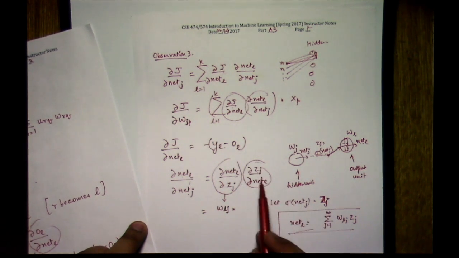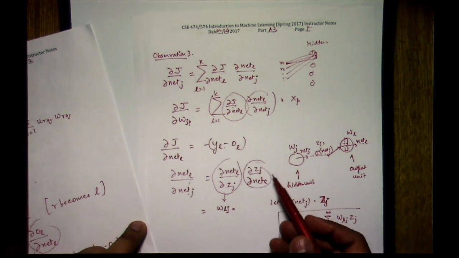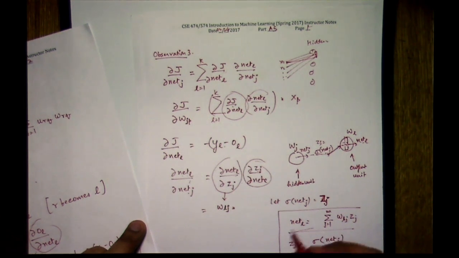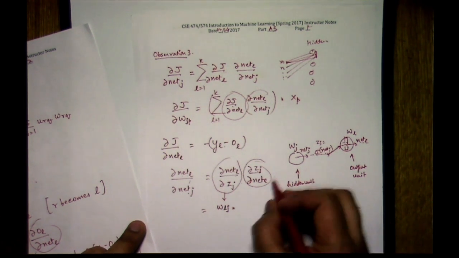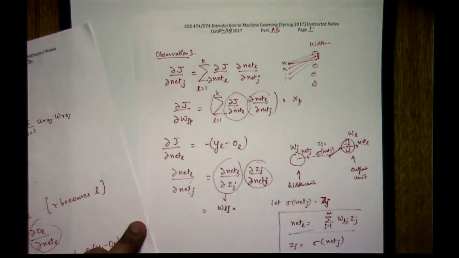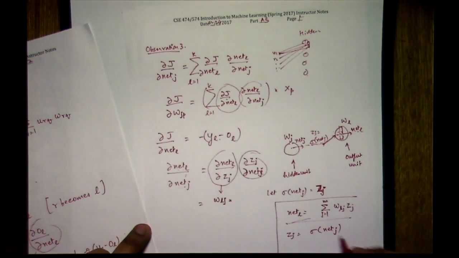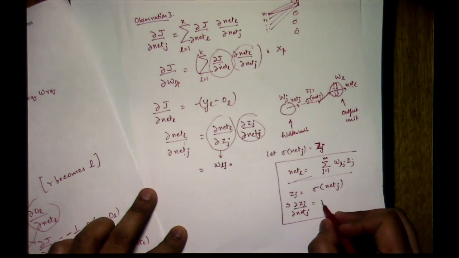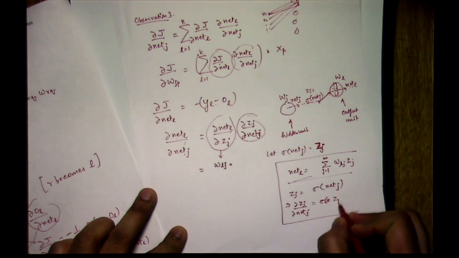This is because zj is nothing but sigmoid of net of j, and last time we saw the partial derivative of that. Sorry, this is going to be j. So the partial derivative of zj with respect to net of j is essentially zj(1 minus zj).